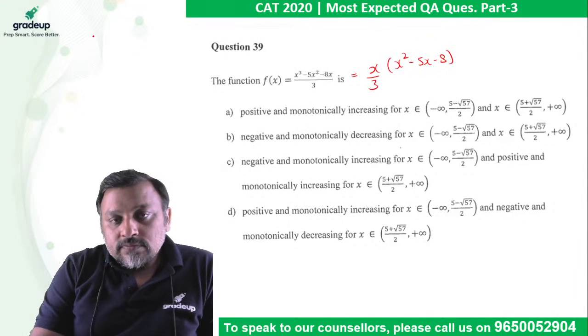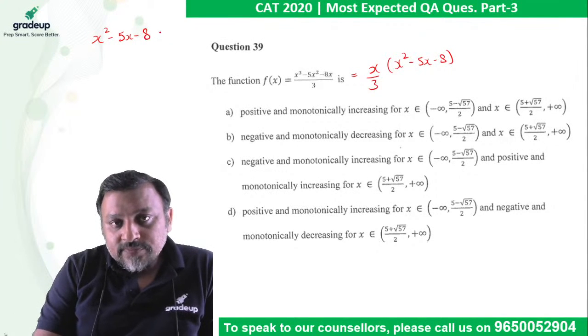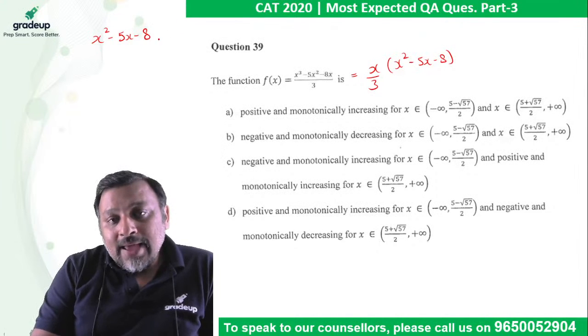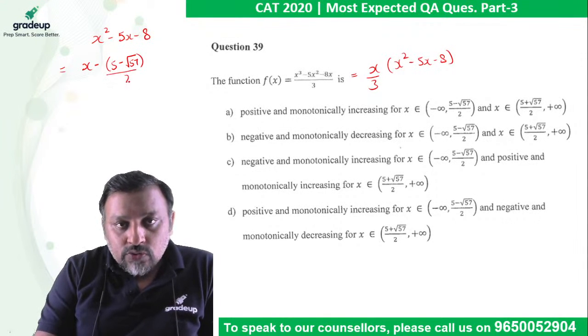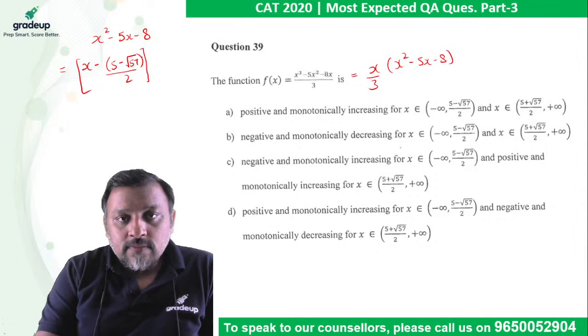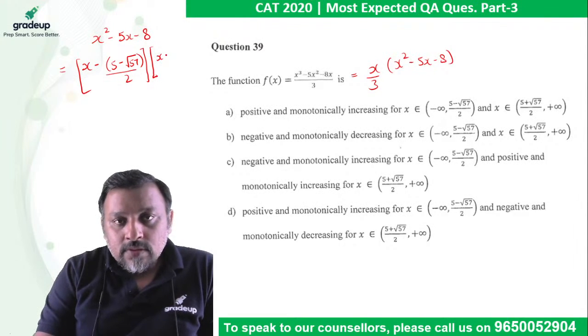Now, if I look at this quadratic expression, by applying the formula for roots, I can factorize this. So it is x minus 5 minus root 57 by 2, and this.